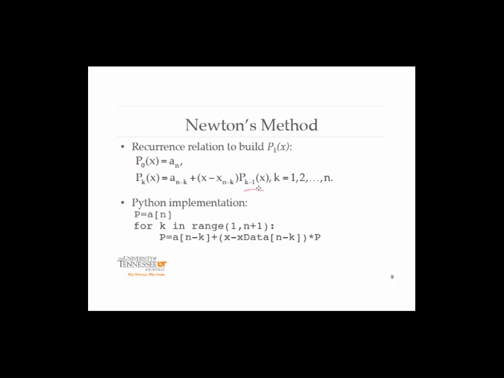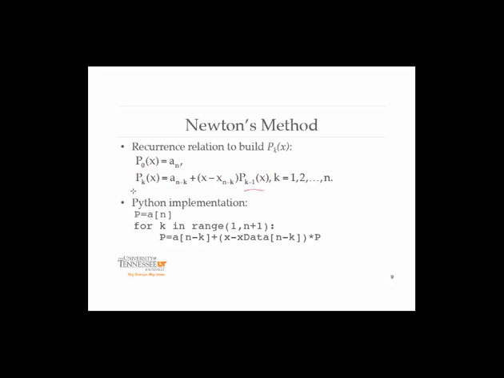So it shows you a way of taking p0 of x and then getting p1 of x from p0, and then getting p2 of x from p1, and so forth, so that you can build up all of the polynomials that you need, taking into account a new data point as you go through it. It's a very clever way to use recurrence to build up the Newton polynomial.